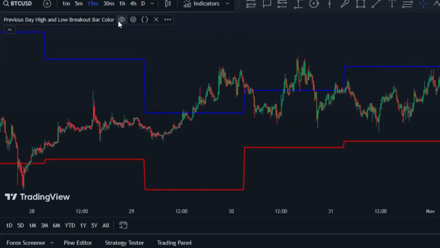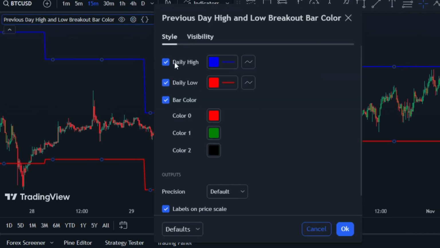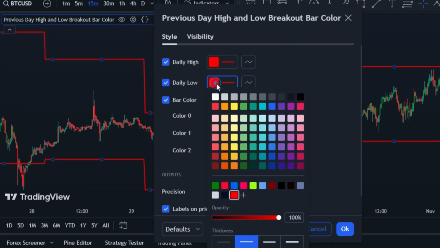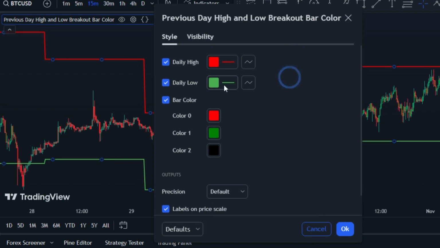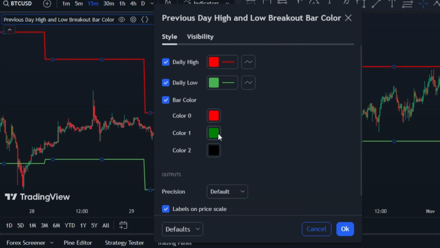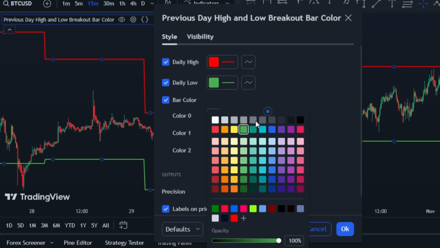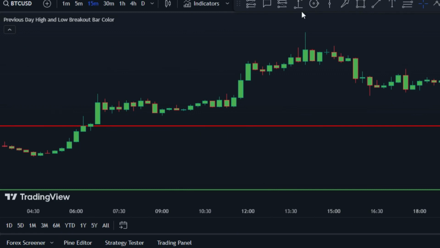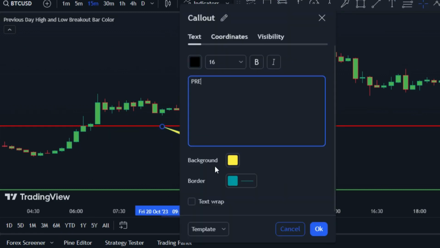But before we get into it, let's tweak it a bit to match what I'm doing here. With these changes, the red line is the highest price from yesterday and the green line is the lowest price from yesterday.